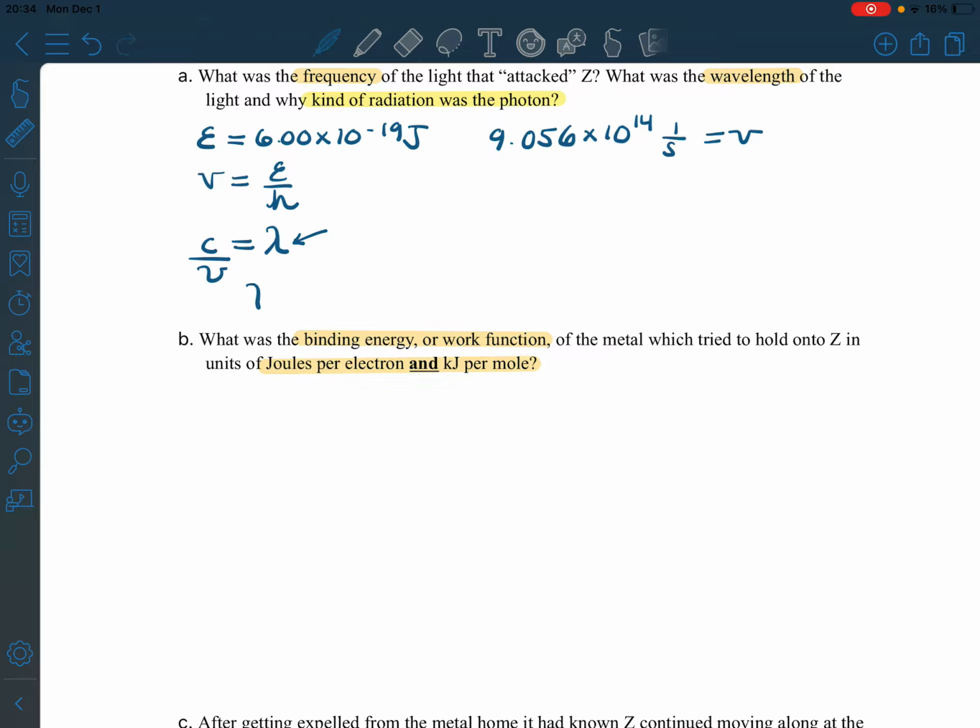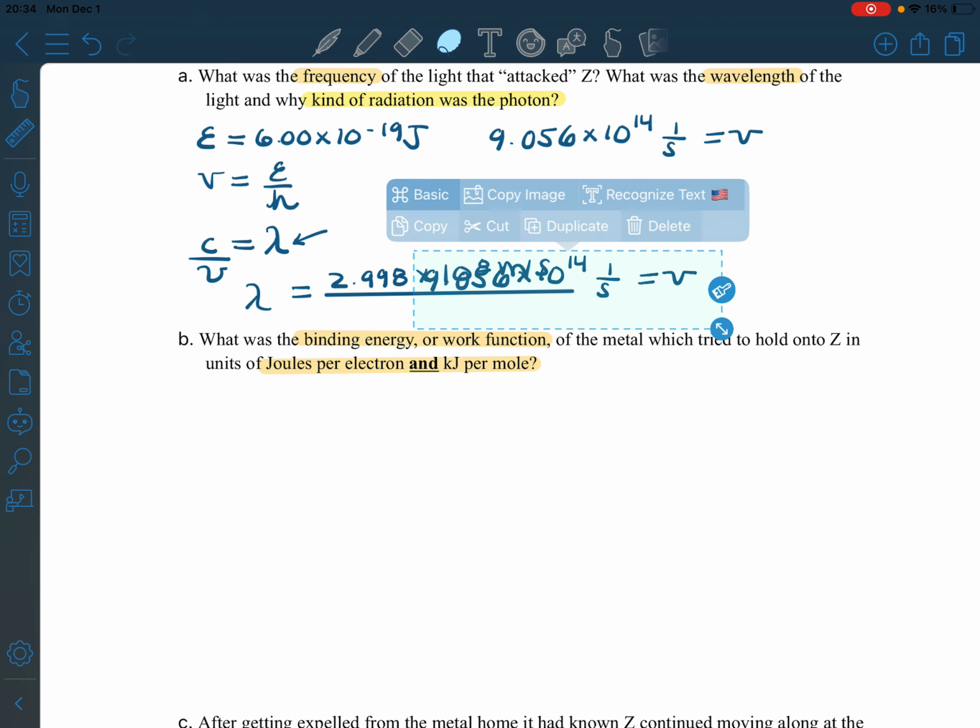So now I can solve for my wavelength, which equals c, which is given, 2.998 times 10 to the 8 meters per second, all over my frequency, which we just solved for.